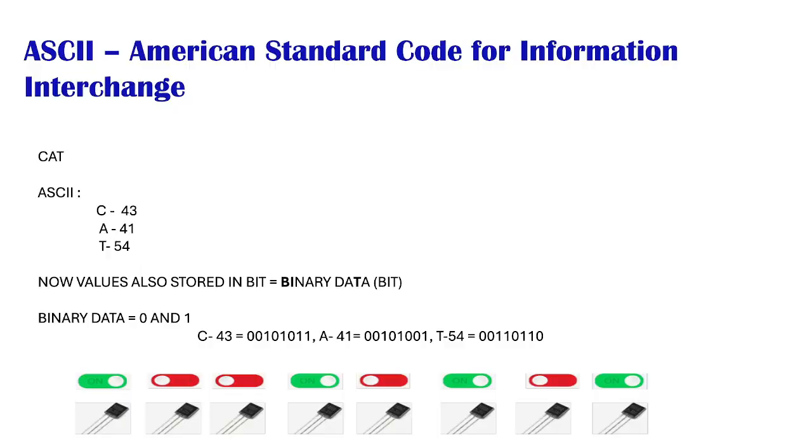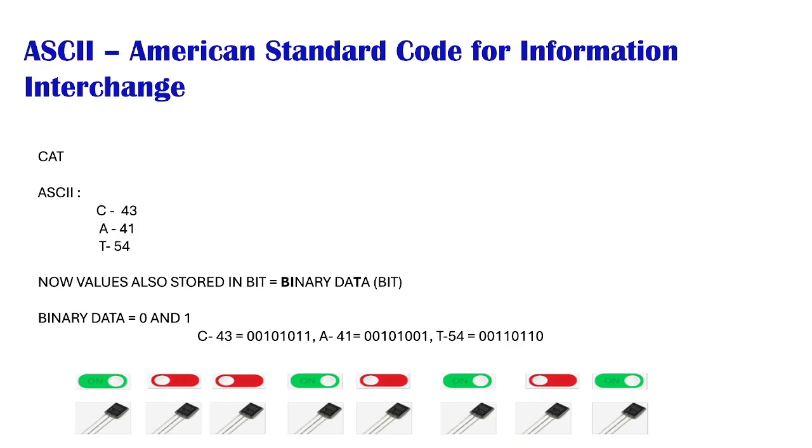I hope we are all aware of ASCII, American Standard Code for Information Interchange, and that code is defined for all the characters on the keyboard. So as per the code defined, C has the value 43, A has 41, and T has the value 54. Now these values get converted into alternate electric signals for the transistor on and off states, and again that on and off state for C, A and T gets recorded as a 0 and 1 pattern.